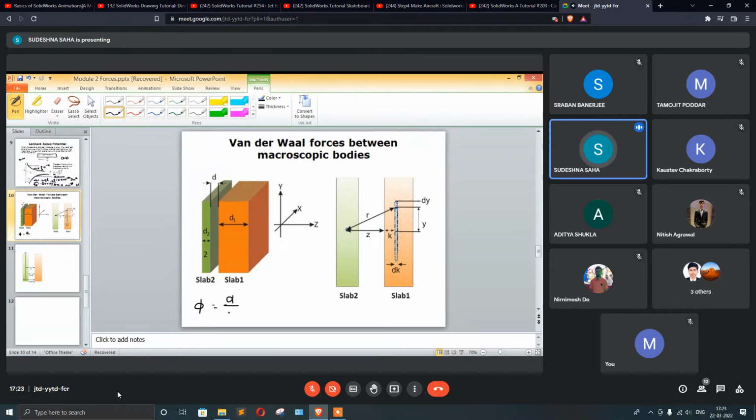We can put it in terms of r also, that is the distance between the two molecules, minus beta by r to the power 6. Alpha and beta are both greater than 0.